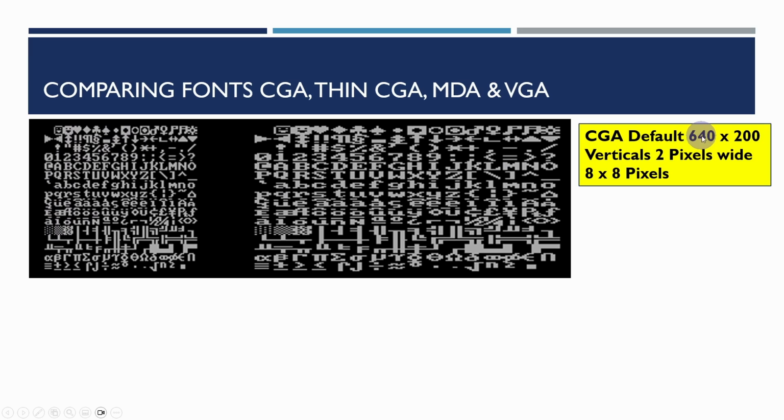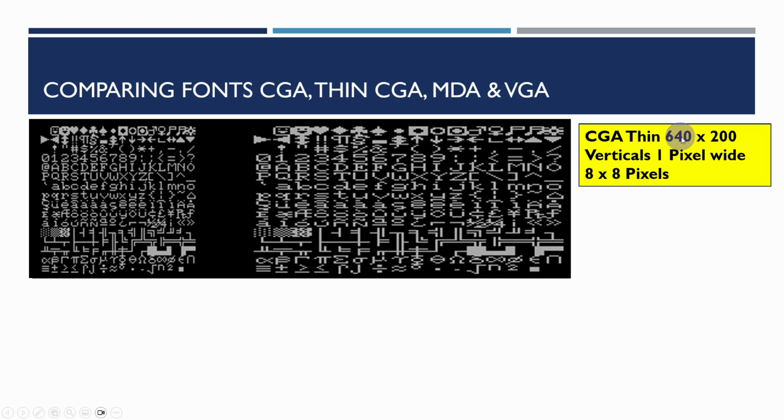You'll see that with 640 by 200 lines, the vertical lines here are actually 2 pixels wide. So these characters are about 7 pixels wide, whereas there is a thin version of this. The thin one is the same 8x8, but there's only 1 pixel for the vertical line. So you'll see one looks a bit bolder.